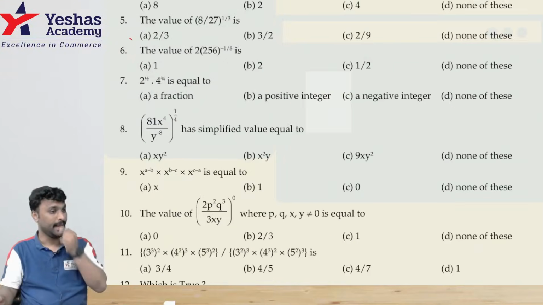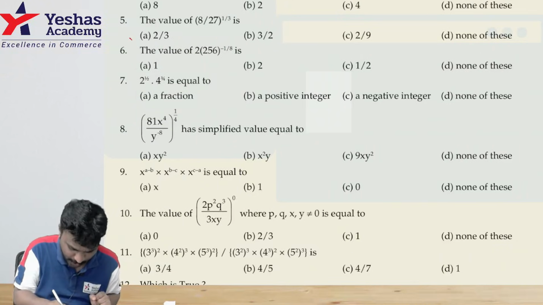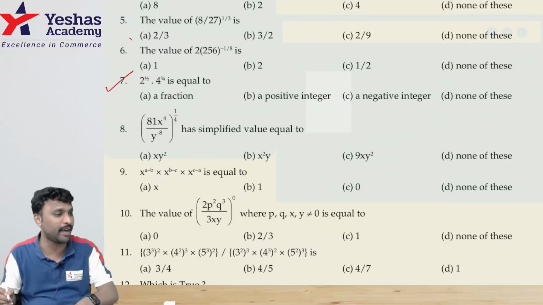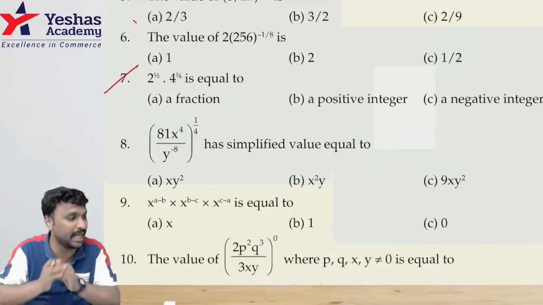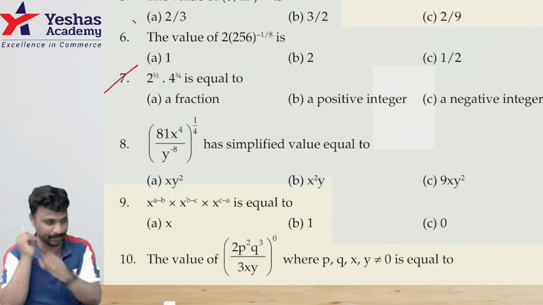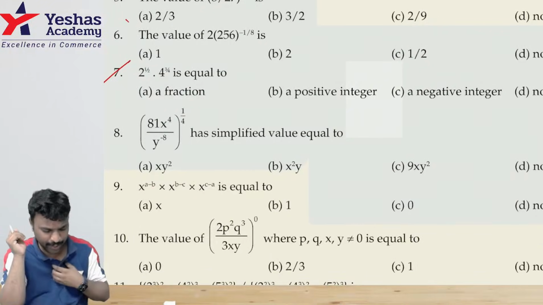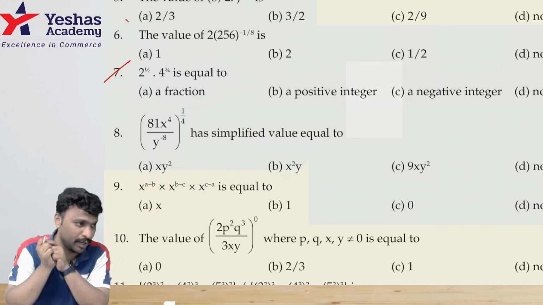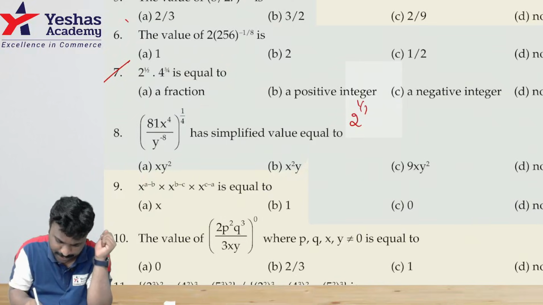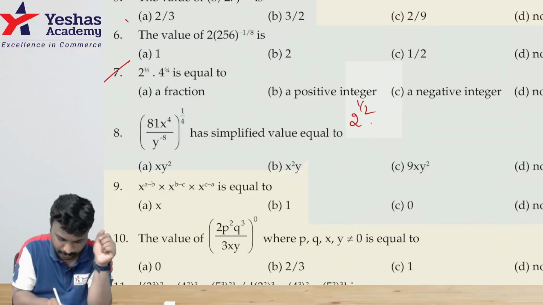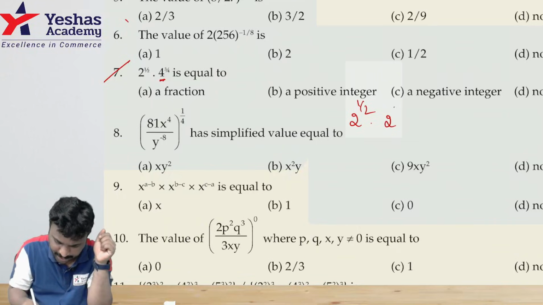Guys, look at the next question. Question number 7. 2 power 1 by 2 into 4 power 3 by 4 is equal to what? So 2 power 1 by 2 is definitely a prime number, but 4 is not a prime number. I can write it as 2 square whole power 3 by 4.